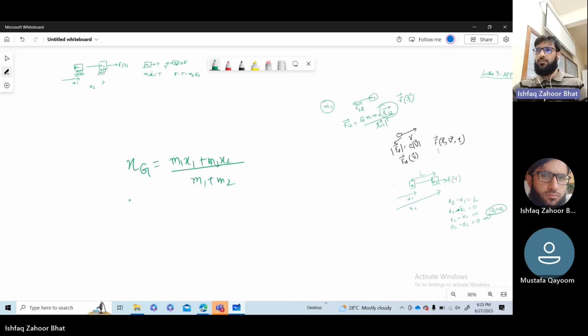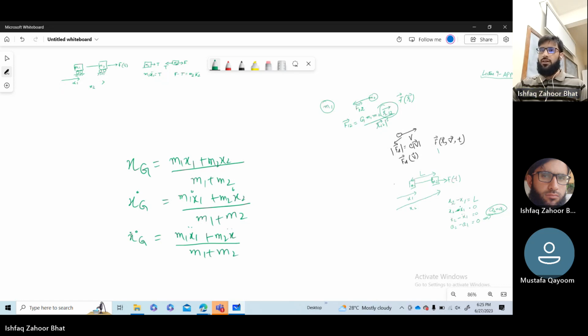Differentiating this equation, we get m1 x1 dot plus m2 x2 dot upon m1 plus m2. Differentiating again, we get xg double dot equal to m1 x1 double dot plus m2 x2 double dot upon m1 plus m2.